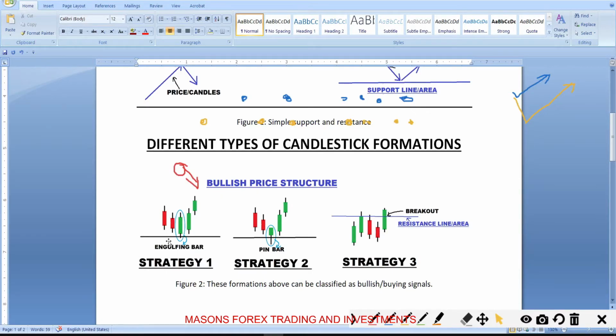So we'll look for the same candle setup. We'll look for potentially an engulfing bar, open bar strategy. So we can look for this bar and maybe an engulfing bar, which is a big bullish bar as shown here.